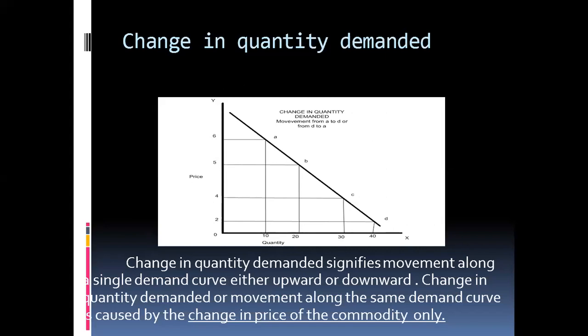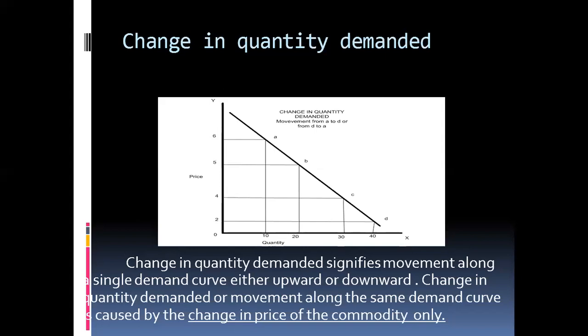That is why it is different from change in demand or shift in demand. Now, this is caused by price only. It is caused by price only and no other factor affecting demand.